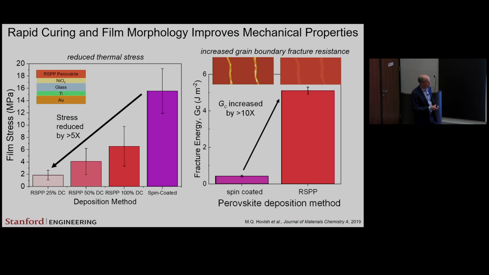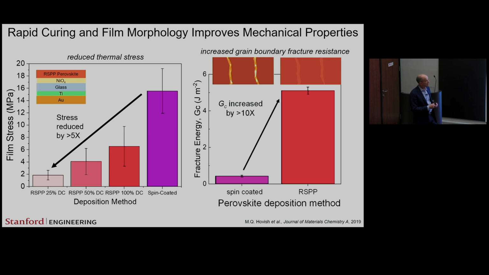And if you measure it for a typical spin-coated device, it's hovering around about 0.5 joules per meter squared or less. I'm going to mention what that means later. But when you make it with the plasma, we get a 10 times increase. It's still low, but it's 10 times better than being very, very low.